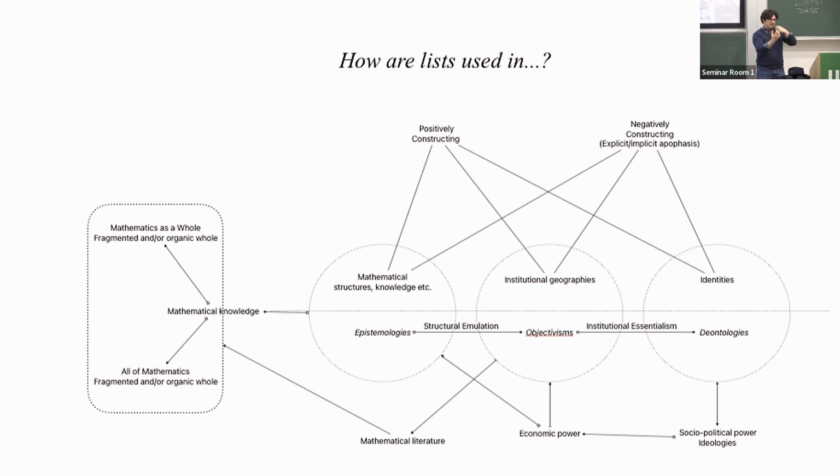So listing is a necessary product, in my current perspective, of modernization, epistemic modernization of mathematics in this regard. So it's much more than just a grocery list, obviously.